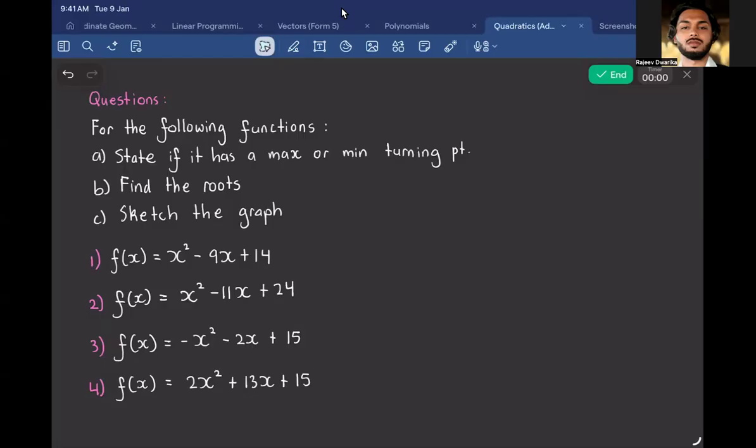Shayna, I'll see you in some minutes. All right, let me see what you did. Okay, so Shayna, when they say find your roots, you have to say x is equal to, like for B, x is equal to 7, comma, x is equal to 2.